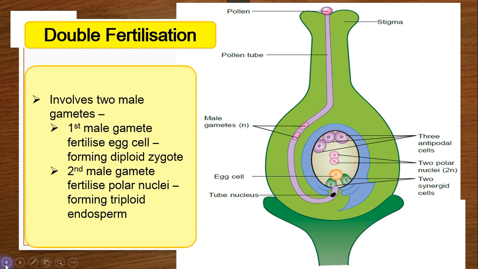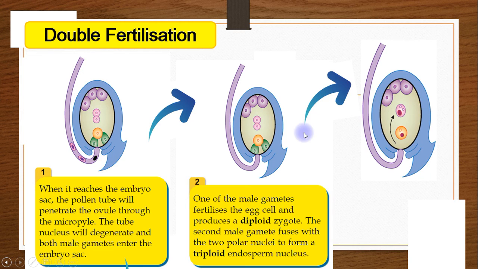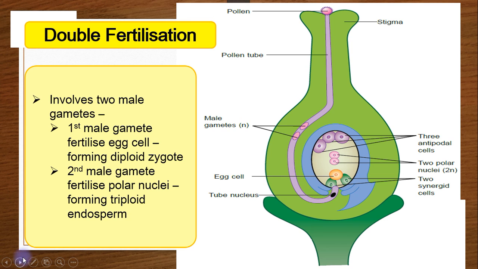So what is the process that occurred just now? We call this process double fertilization. Why double? Double because the fertilization involves two male gametes.